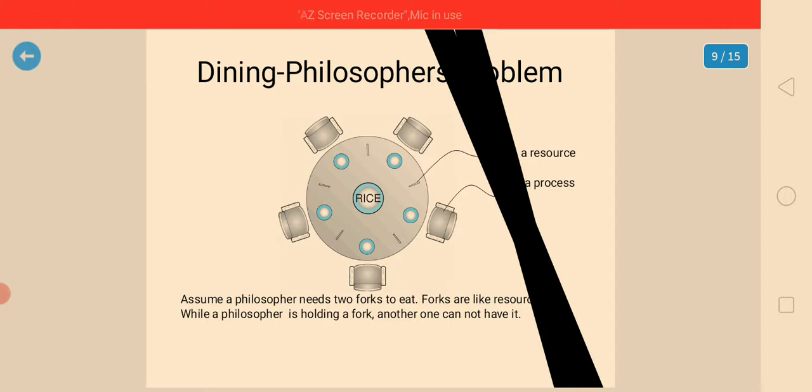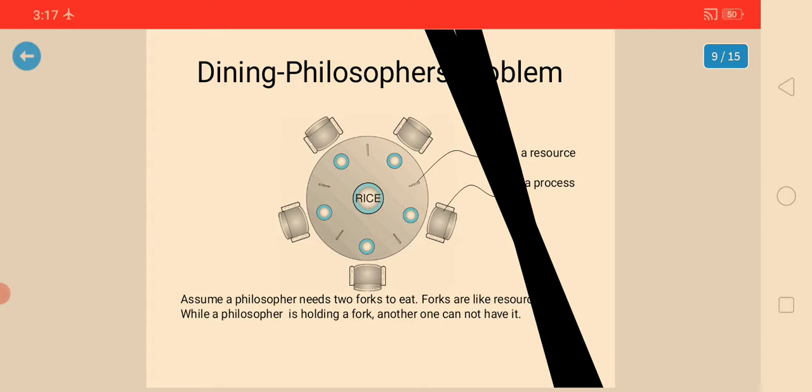There are 5 philosophers sitting around a table in which there are 5 chopsticks, forks, kept beside them, and a bowl of rice in the center. When a philosopher wants to eat, he uses two chopsticks, one from the left and one from the right.